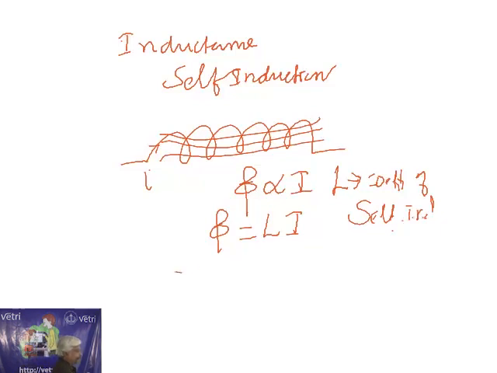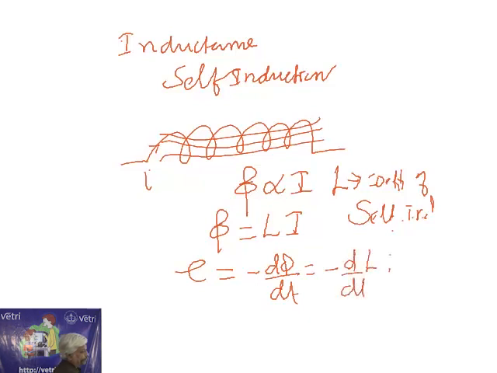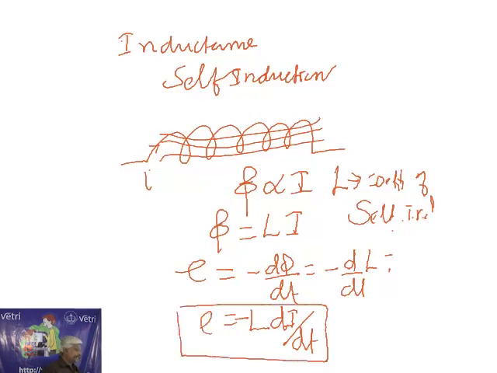By Lenz's law, E is equal to minus d phi by dt, that is equal to minus d by dt of L i. Taking L as constant, E is minus L di by dt. This is the value of EMF. So be careful. If you understand this final result, you can use it in all the applications. Therefore, induced EMF is nothing but minus L di by dt.